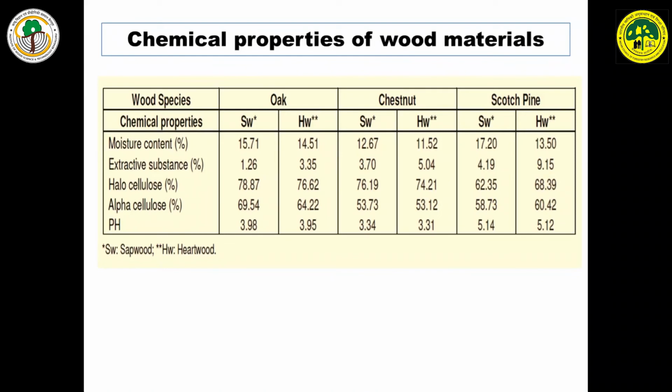Similarly, for other woods also, the heartwood contains a higher amount of extractives, whereas for holocellulose and alpha cellulose, not much significant difference was there. The pH also, for heartwood and sapwood, showed not much difference.